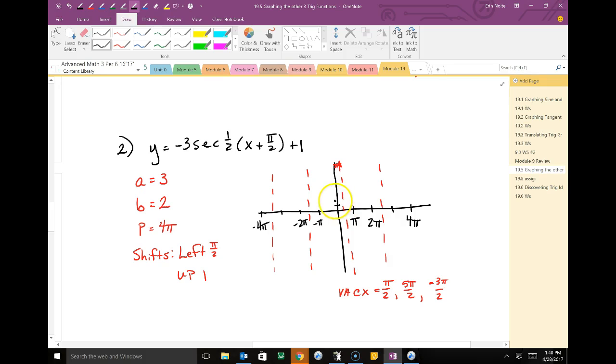So draw 4 increments, and make sure you label that 4 so I know exactly how far you're saying that goes. Okay, and if the other one was at negative 3, but I moved that up 1, where is that one going to land? Negative 2, good. So those are my 2 amplitude lines.